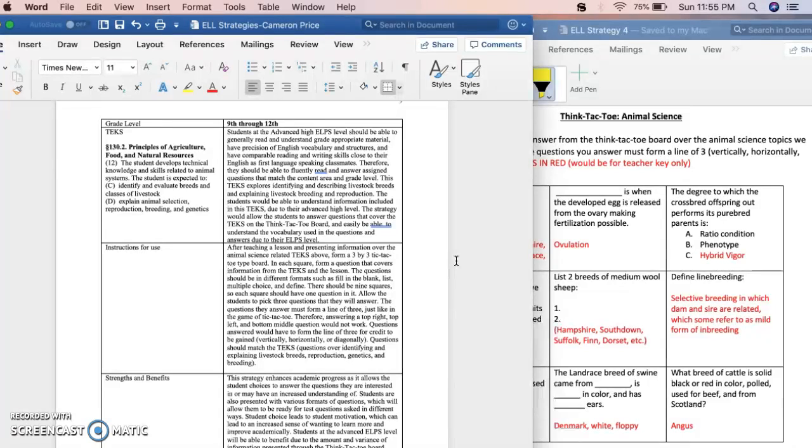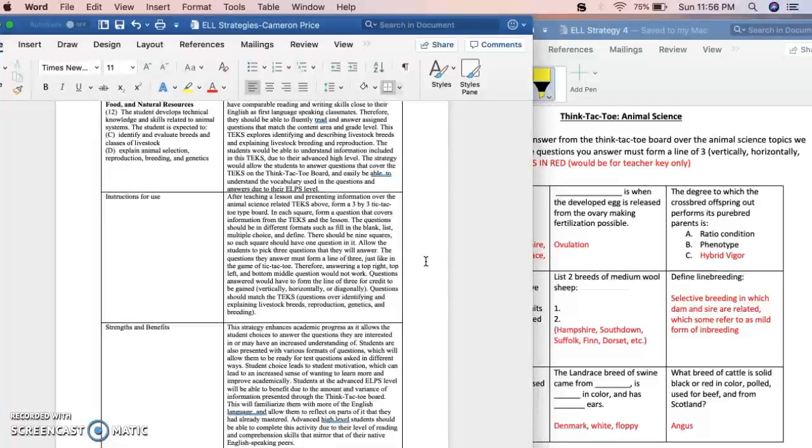And if they do need it, if something comes up in the advanced high level that they don't understand, it's usually a topic or vocabulary word. I was reading about this in an article, that it's just really off the wall, or a big word, that even their English as a first language students may not know. But anyway, the advanced high ELP students do have a good precision of English vocabulary and structures, and should be able to feel comfortable and fluent in the language, reading and writing.